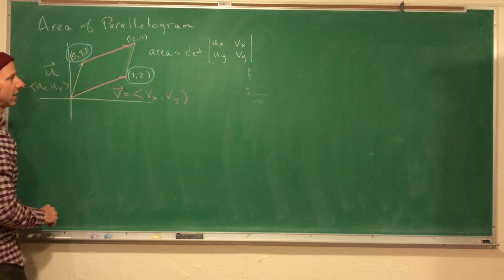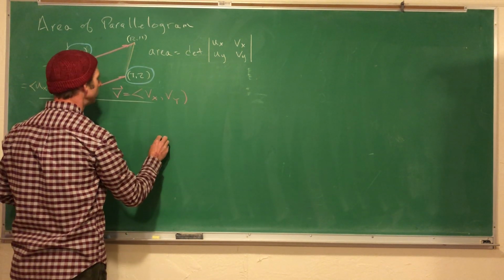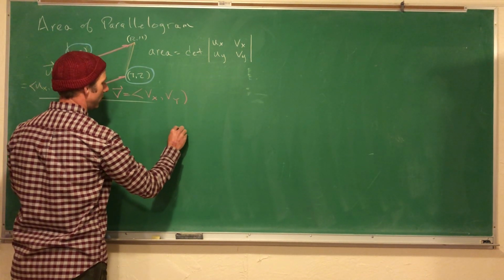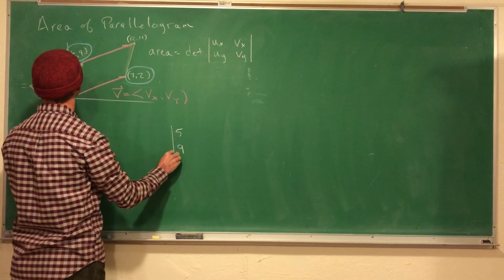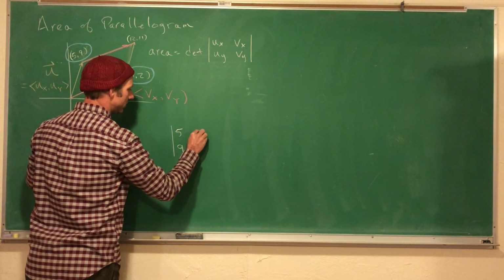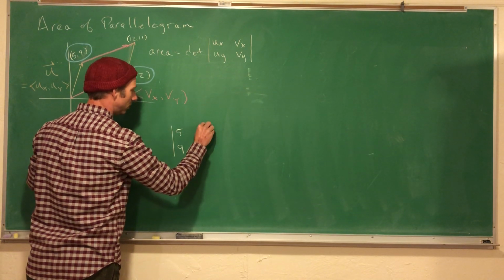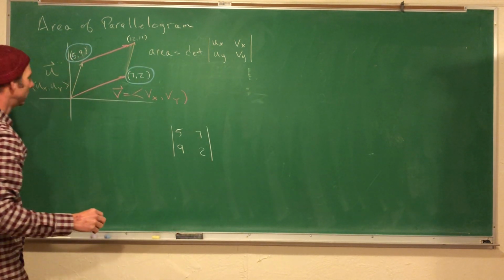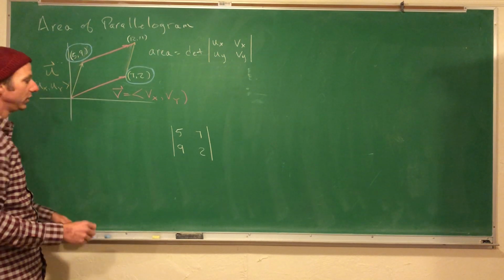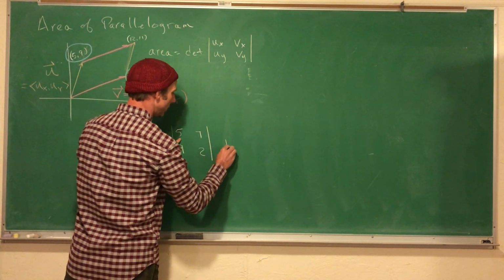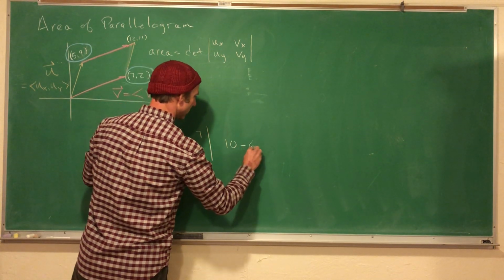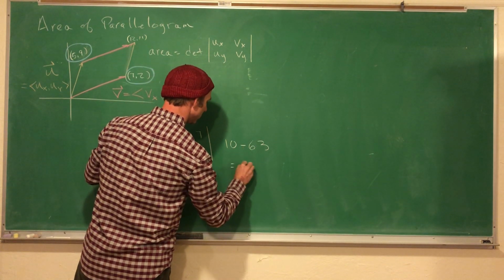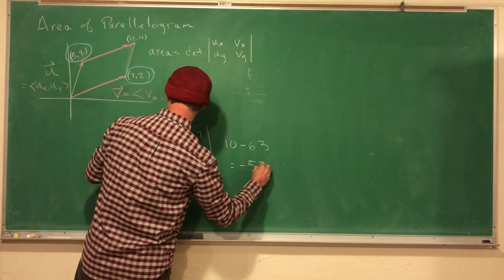So let's go ahead and work that out. 5, 9, 7, 2. Okay. 5, 9, 7, 2, U, V. And so it's going to be 10 minus 63, which is negative 53.